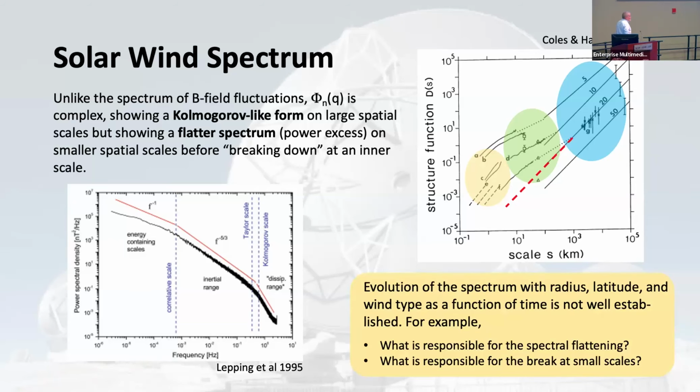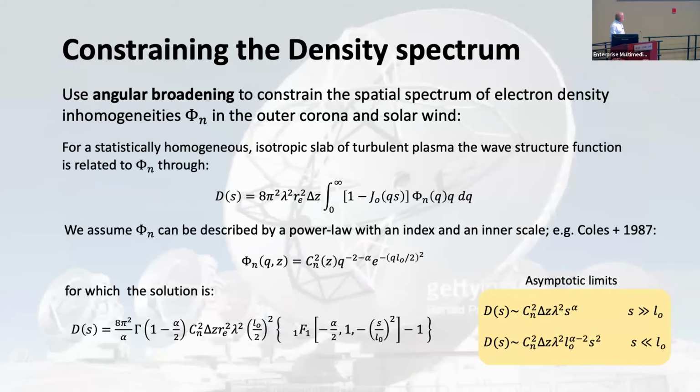So there's a lot of work that still remains to understand the evolution of the spectrum with distance from the sun, the latitude, the wind type, secular variation, and so on. What's responsible for the spectral flattening? Ben Chandran published papers some 15 years ago suggesting it may be the onset of kinetic Alfvén waves, which are compressible. Yeah, maybe.